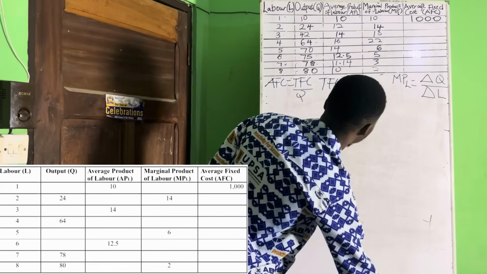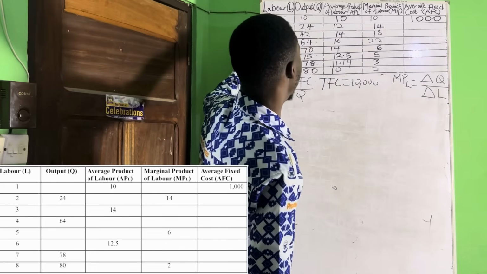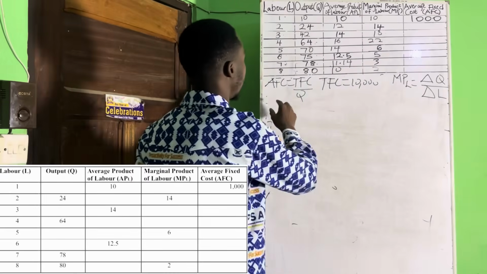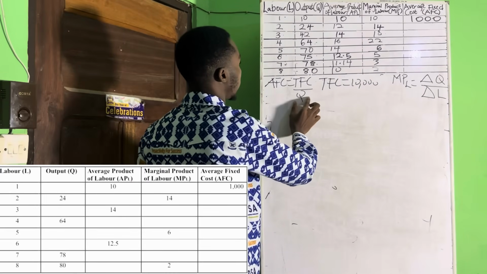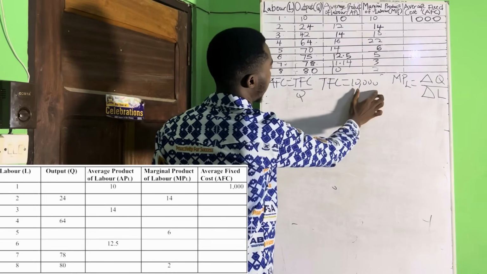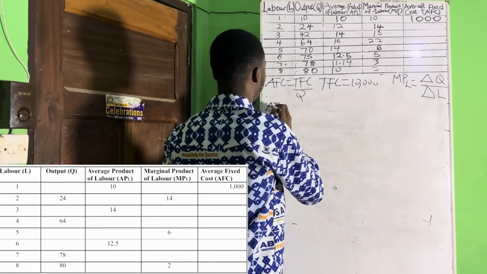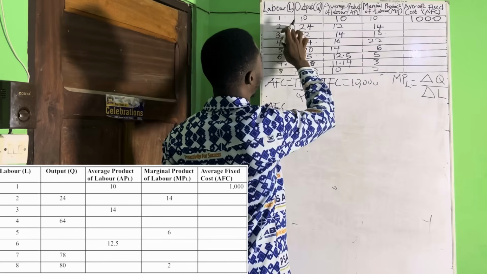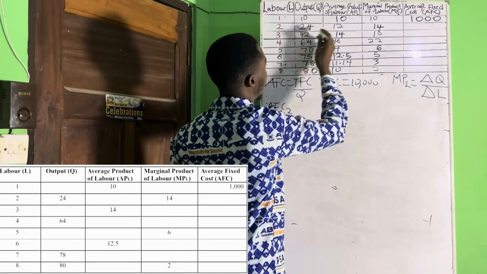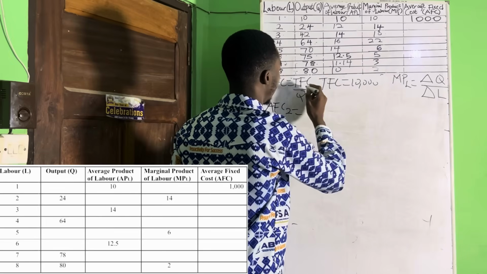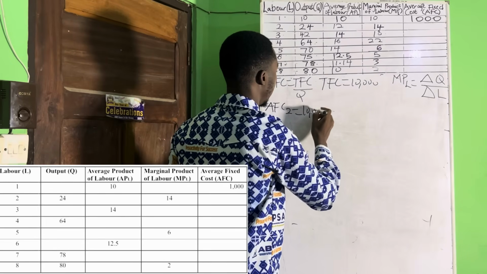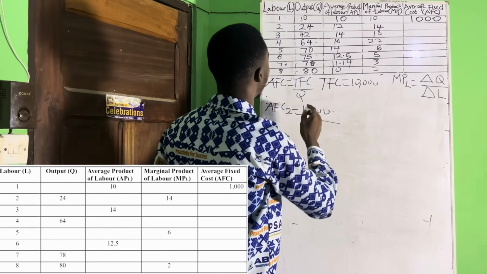So now we can find our average fixed cost for labor 2. Average fixed cost is total fixed cost over the output, which is Q, and total fixed cost is 10,000. So average fixed cost for labor 2, which is year 2, will be total fixed cost, 10,000. And what's the output Q for 2?